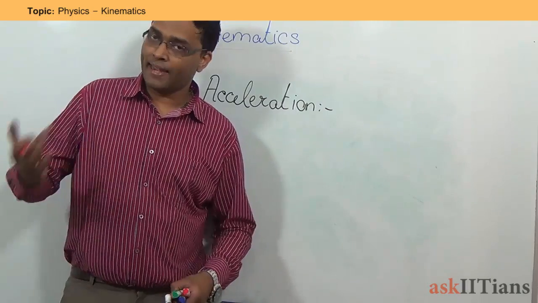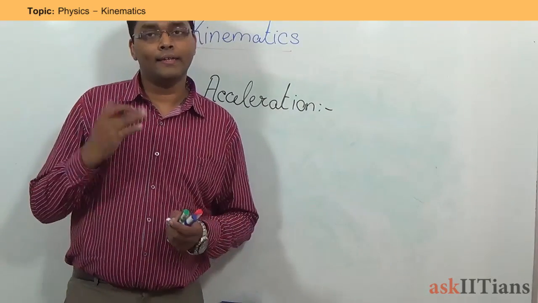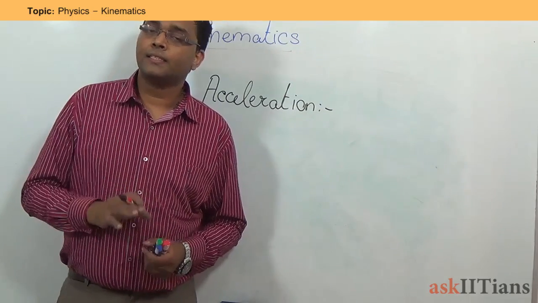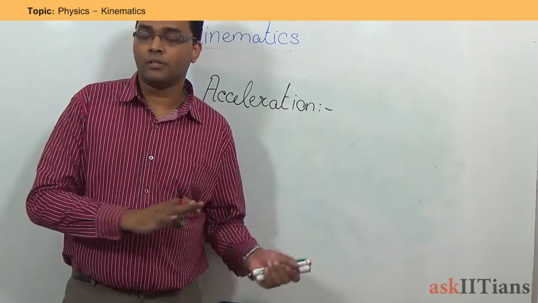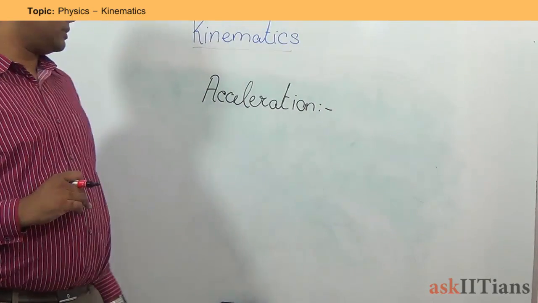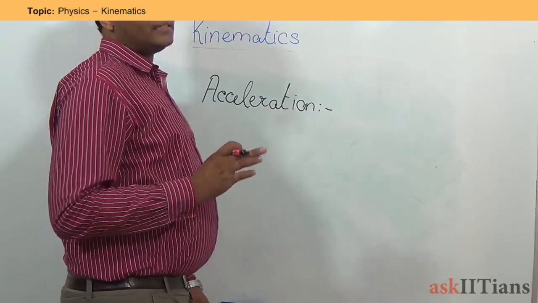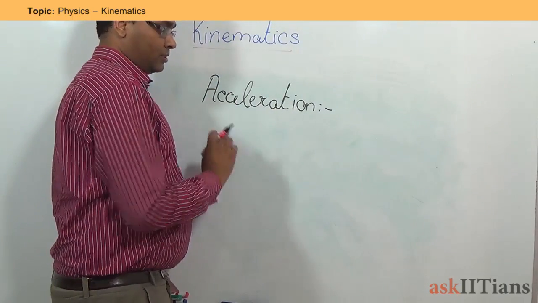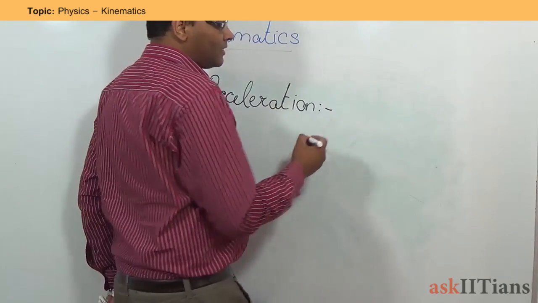Starting from rest, coming back to rest, but in the midway, it did acquire some velocity, right? And therefore, there is a change in its velocity as well. It is from 0, it is acquiring something, and then again coming back to 0. So there is a change in velocity, and the change in velocity is what is defined as acceleration. So, what is acceleration?